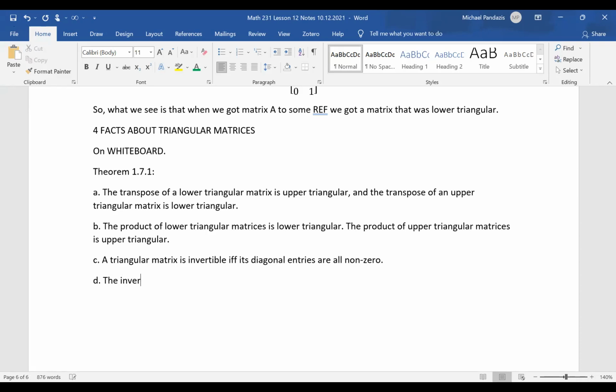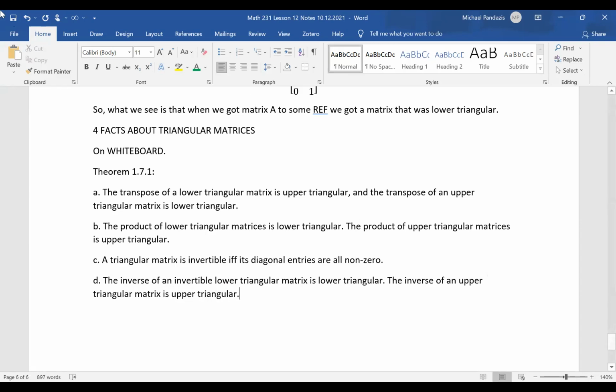D, the inverse of an invertible lower triangular matrix is lower triangular. The inverse of an invertible upper triangular matrix is upper triangular.